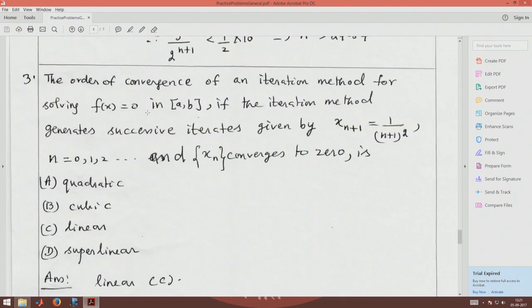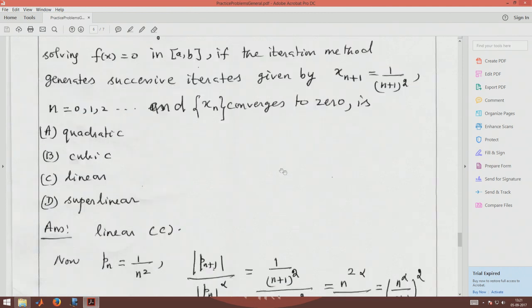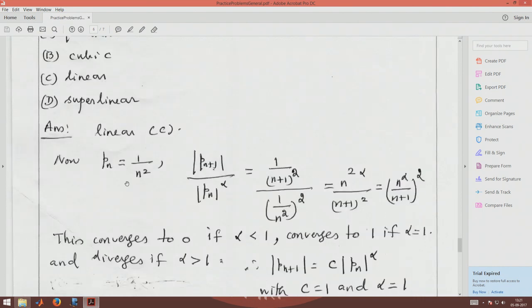Now, the order of convergence of an iteration method for solving f of x equal to 0: the iteration method generates successive iterates given by x(n plus 1) equal to (1 by n plus 1) the whole square, and xn converges to 0. What is the order? You are asked to get the order of convergence of a method. You are given a sequence that generates the successive iterates and which converges to 0. So, Pn is given. How do you compute the order?